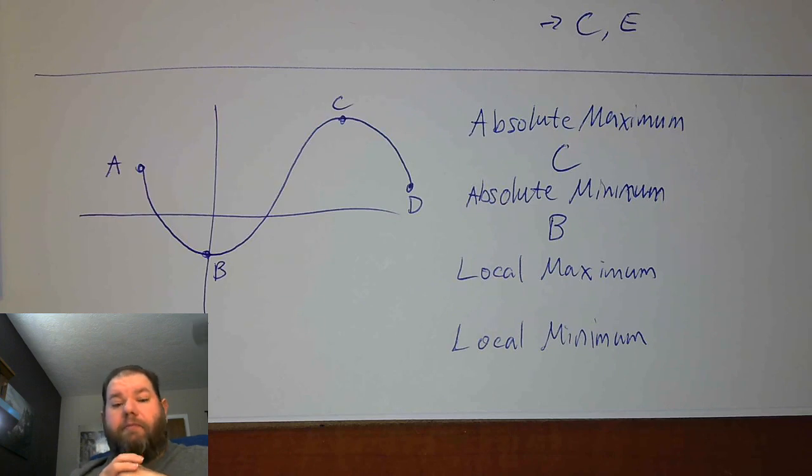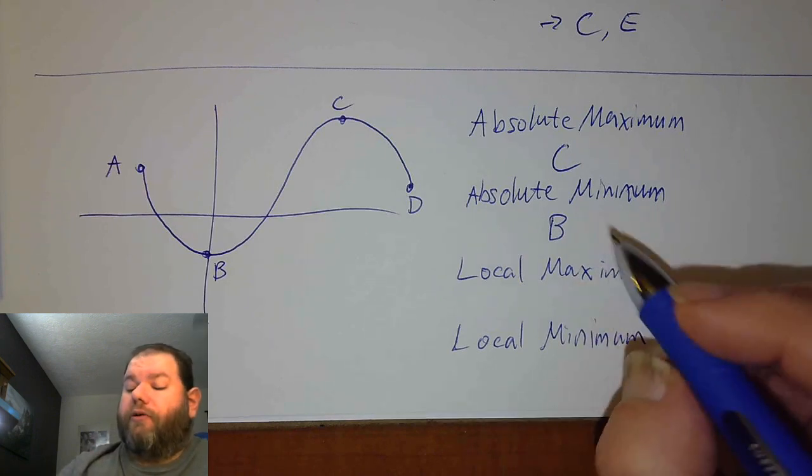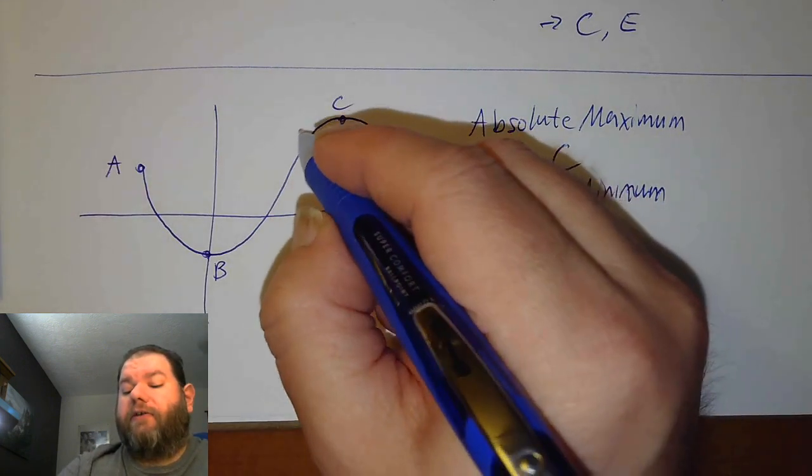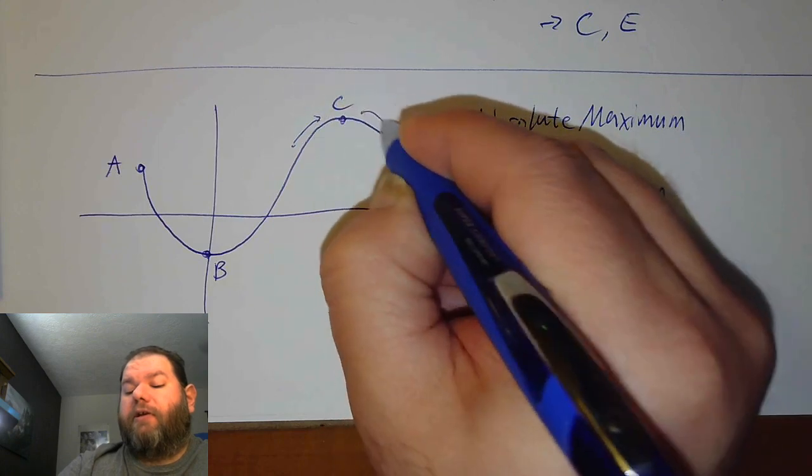C and A? Or just C? Well, for sure, C is a local maximum because it switches from increasing to decreasing.